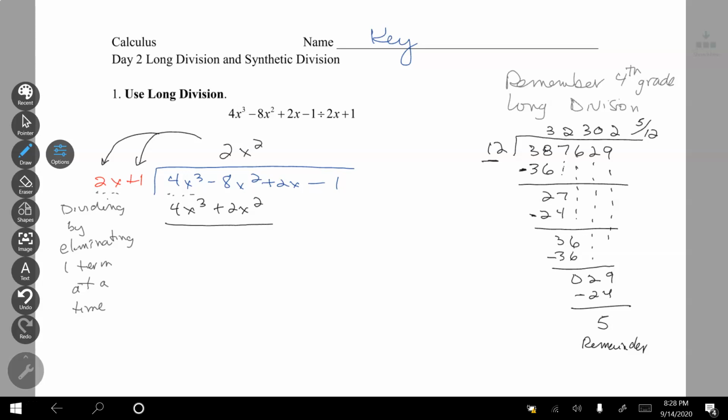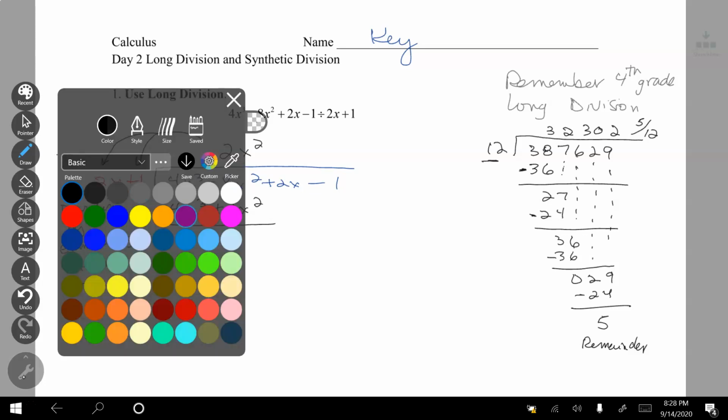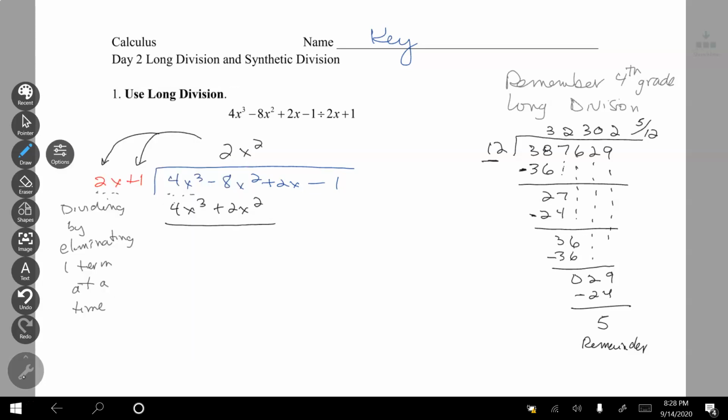But this is where I have to be careful. This is very, very important. I'm subtracting, so I make sure I make opposites. So these cancel out, and I get negative 10x squared, and I bring down the next term, plus 2x.